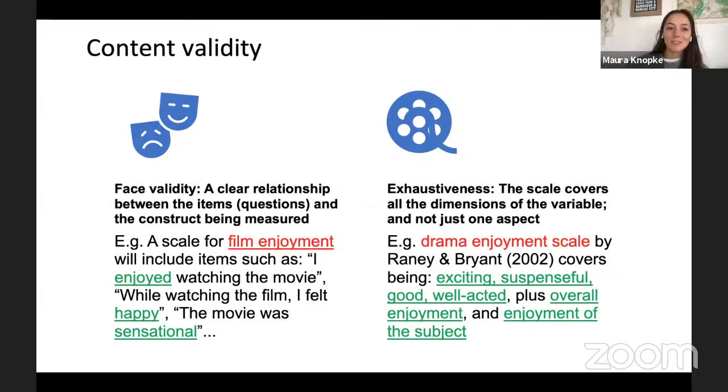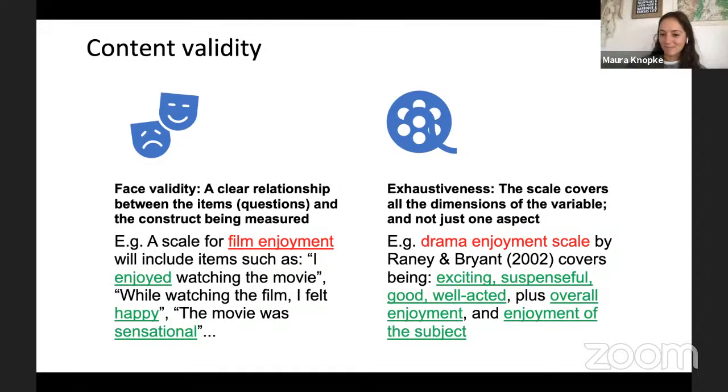Yes, it's a reality TV show, so I don't think they're acting, but some of them are very poorly acted. Did it have suspense? Definitely. And overall have you enjoyed it?